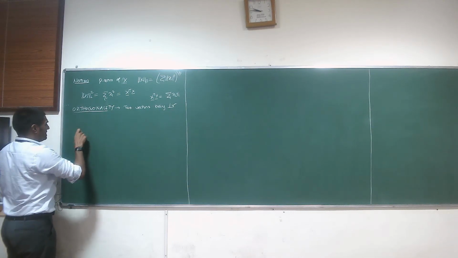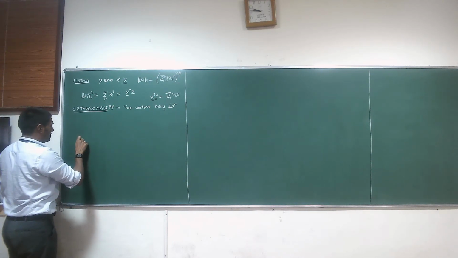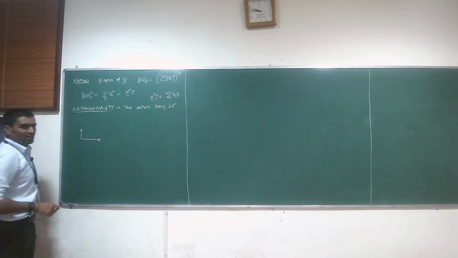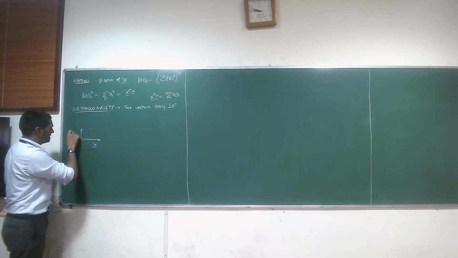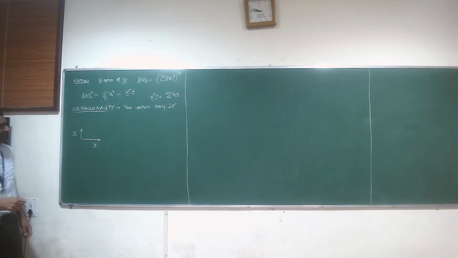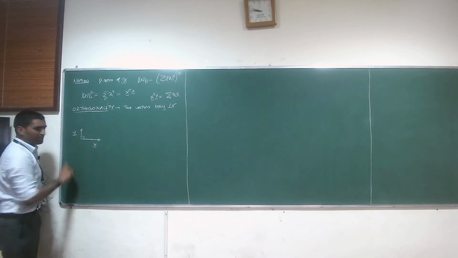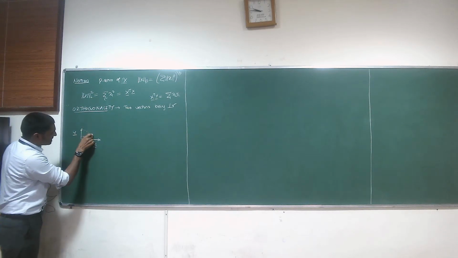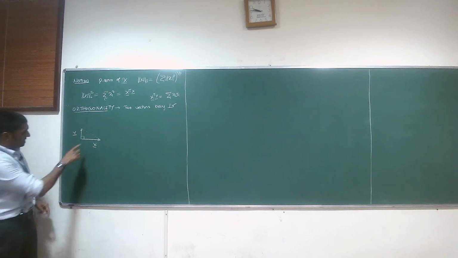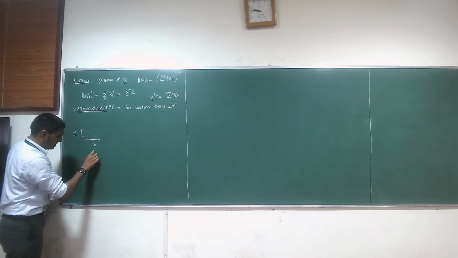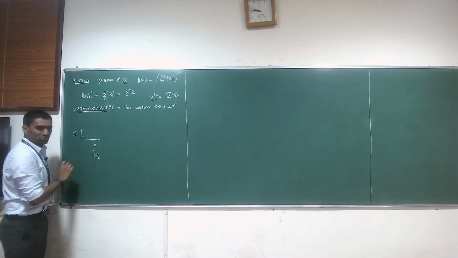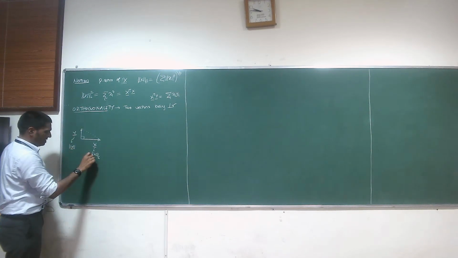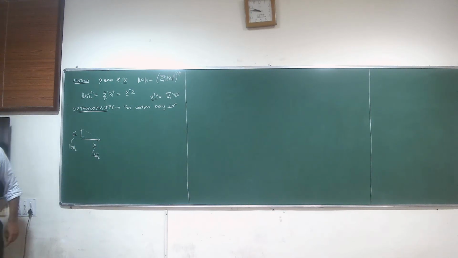Now, let's say I have a vector x and another vector y, and let's say they're perpendicular to each other. The length of this vector is the 2 norm, let's say I'm using the 2 norm, squared.